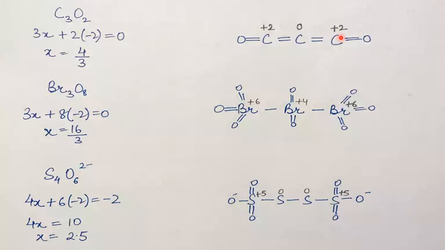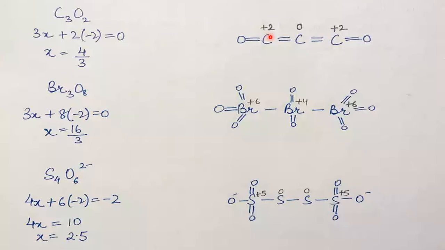Now how do we calculate the ON of carbon? It is the total of all the carbon atoms averaged by the number of carbon atoms. Let us add +2, 0 and +2. How much? 4. And how many carbon atoms are there? 3.